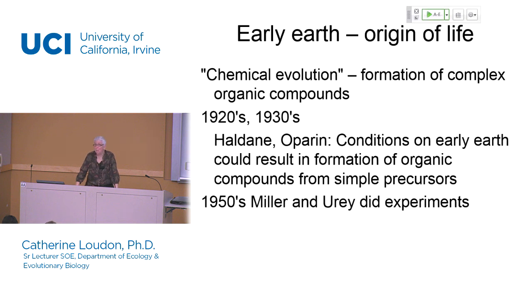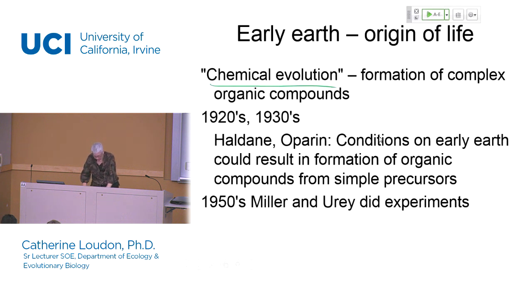The first step, presumably, is at least ending up with formation of organic compounds. This is sometimes referred to as considering how chemical evolution could have occurred. How could complex organic compounds appear on the planet without organisms there to actually synthesize them in the first place?